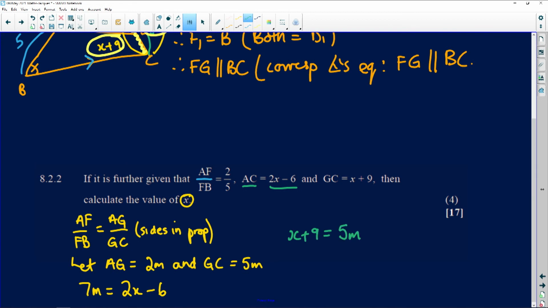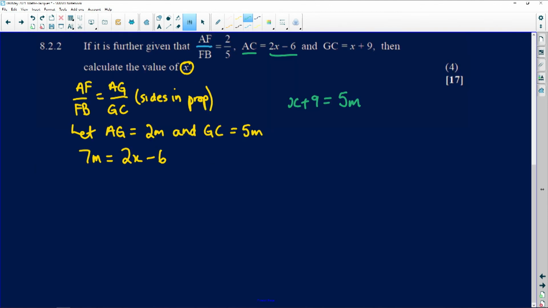Now, folks, we're trying to find this x. Okay, so let's get m by itself. M will then be x plus 9 over 5. We don't like working with fractions. And here, from the yellow one, m is going to be 2x minus 6 over 7.